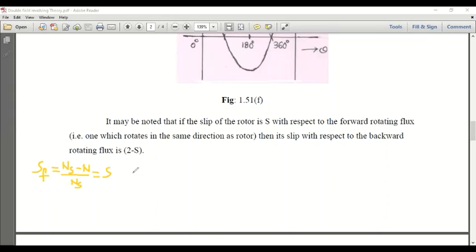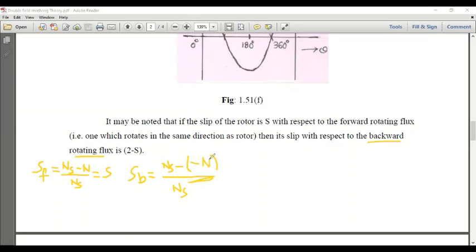Now the slip corresponding to backward rotating flux, SB, is again Ns minus N by Ns. But here N is negative, which is reverse.